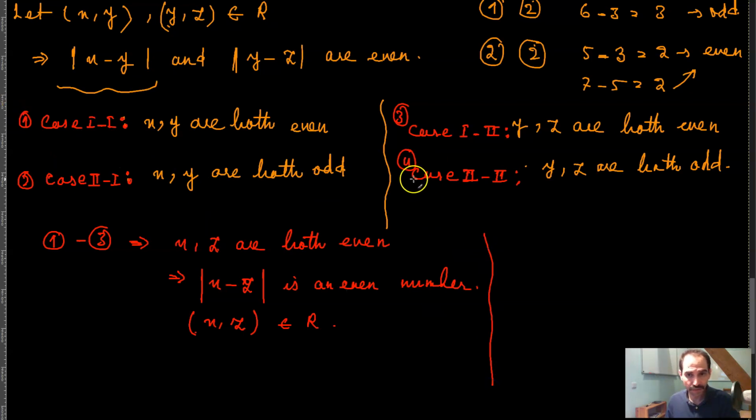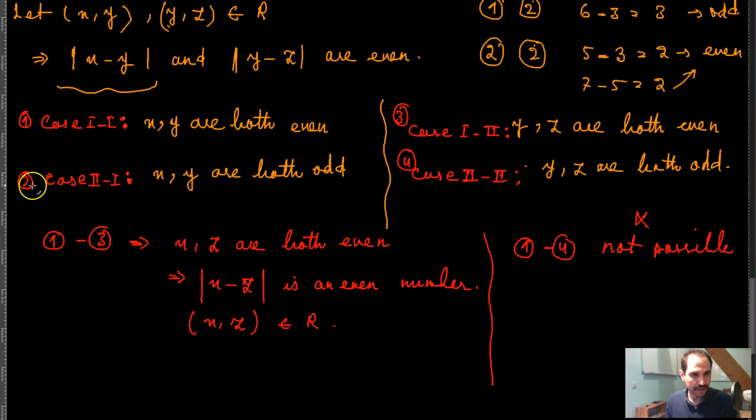Now if I consider case 1 with 4, what I'm saying here is that x and y are both even, and y and z are both odd, which is not possible. Because here y is odd, here y is even. Y cannot be both odd and even at the same time. So we cannot consider this case.